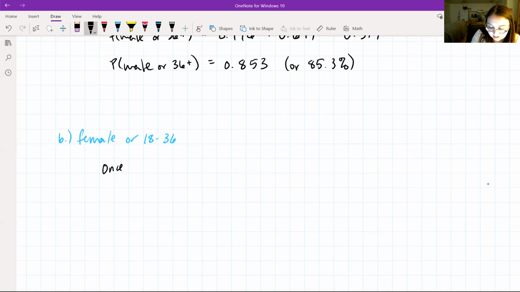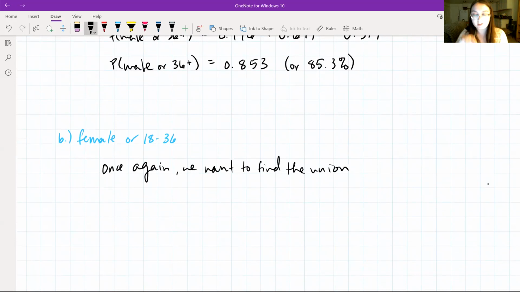Once again, we want to find the union, since we see this keyword "or", so we'll use the union rule.